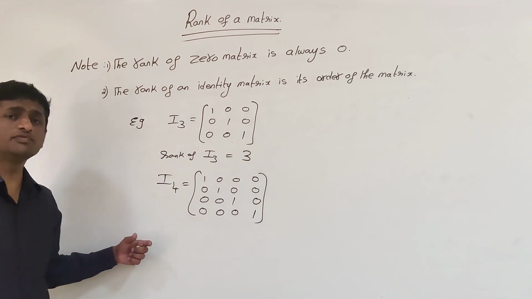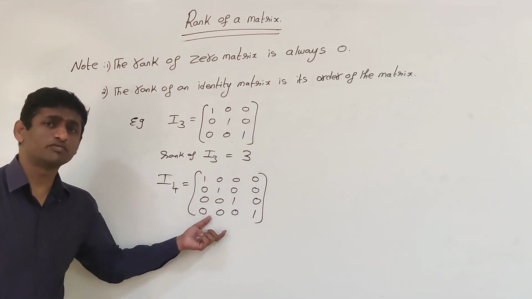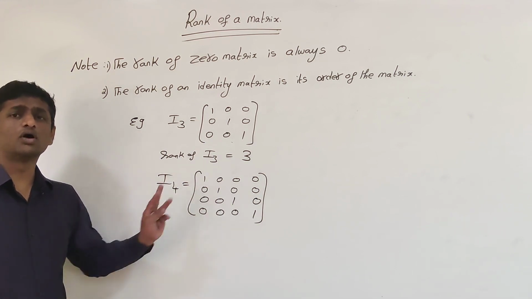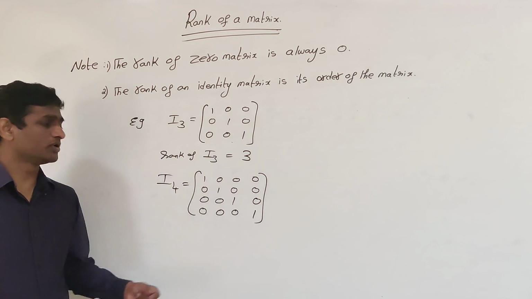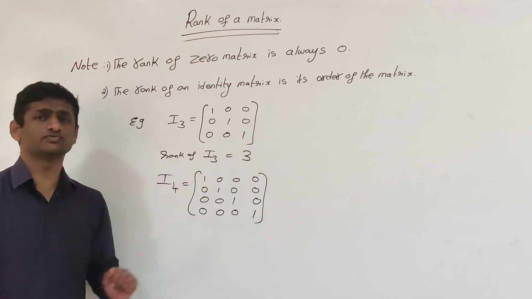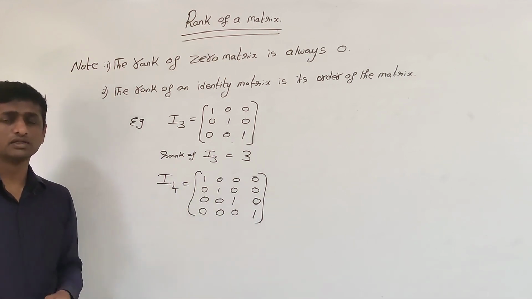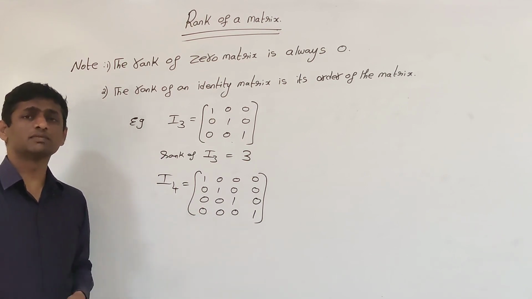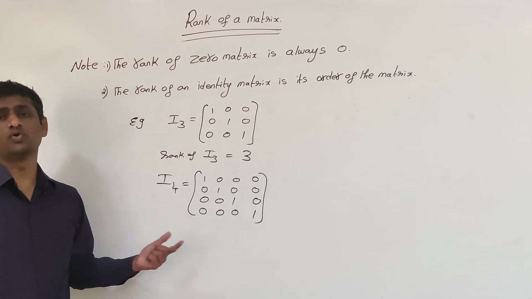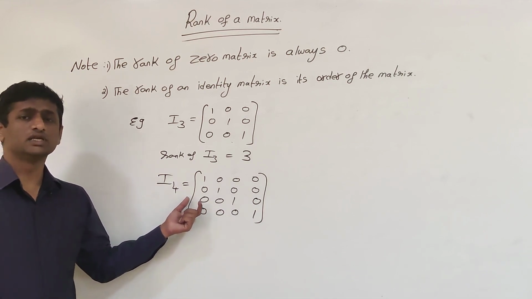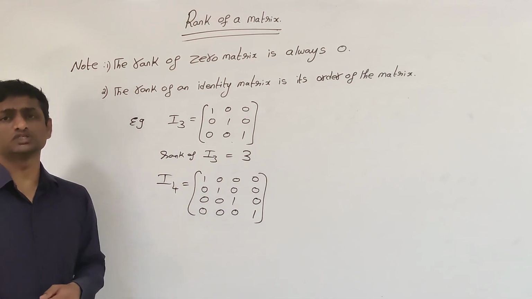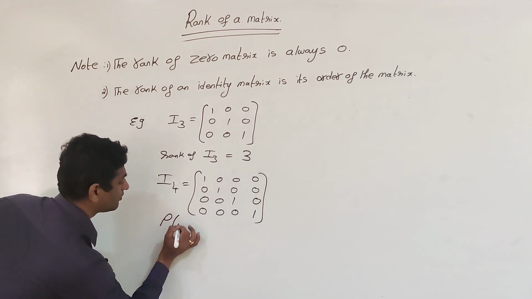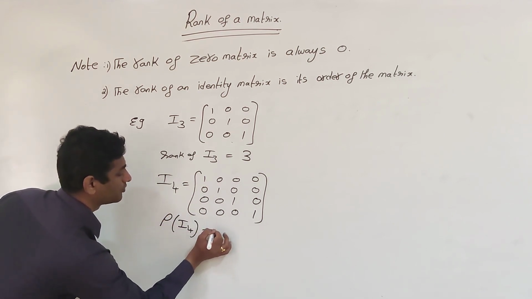The square submatrices we can form from this are of order 1, 2, 3 and 4, because the minimum of 4 by 4 is 4. Among these, the maximum order is 4, because this matrix is non-singular. So the rank of I4 is 4.